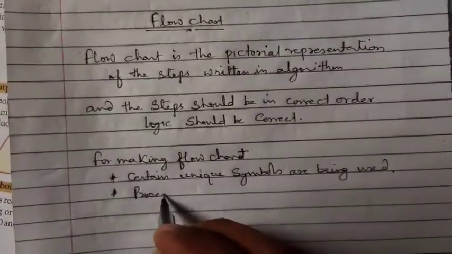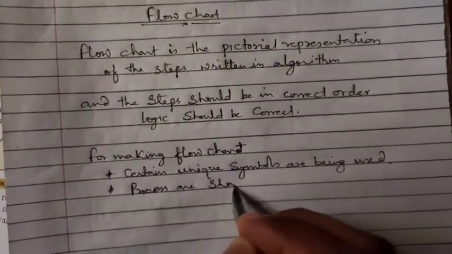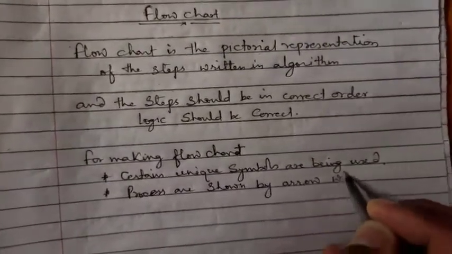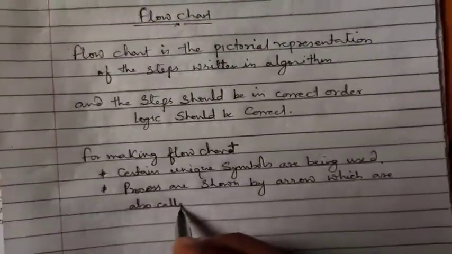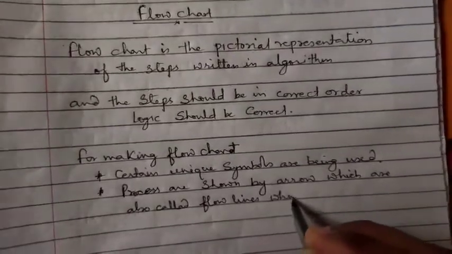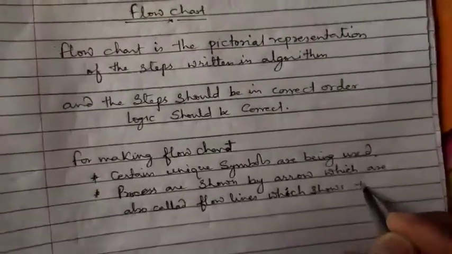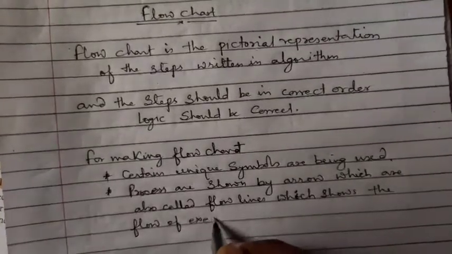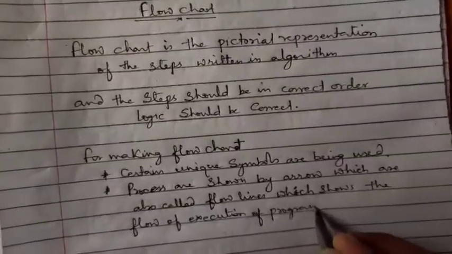Processes are shown by arrows, which are also called flow lines, which show the flow of execution of the program.